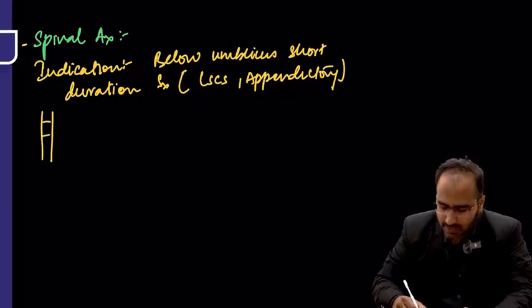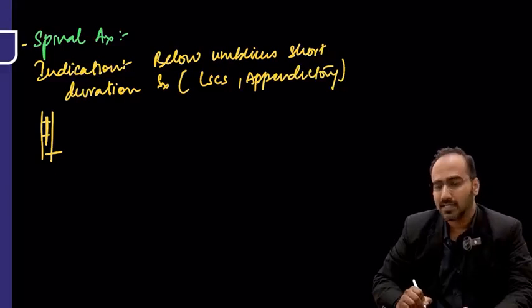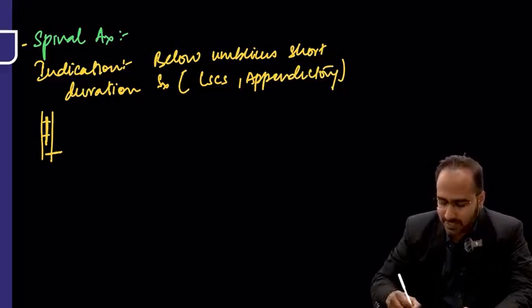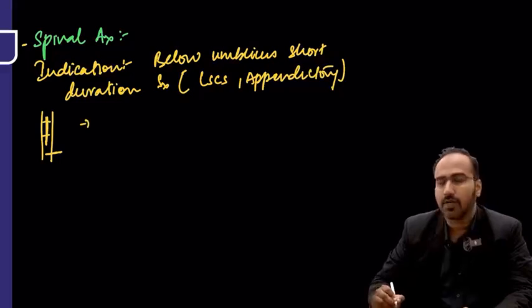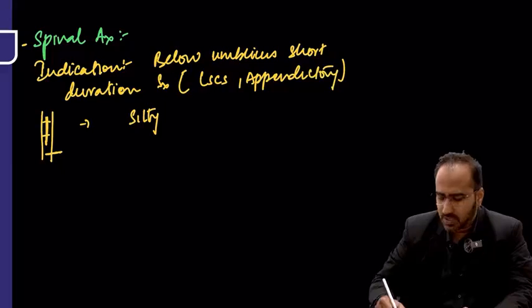It is always given below the spinal cord. Imagine this is the spinal cord. When you give spinal anesthesia, what should be the position? The patient should be in a sitting position or lateral position.